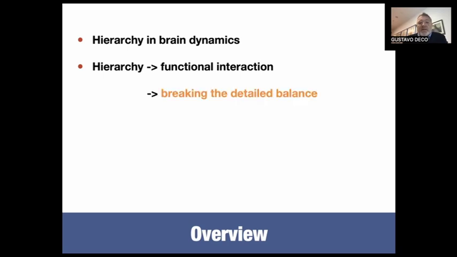Basically, what I will try to transmit today in this lecture is that we can assess the hierarchy indirectly, as an observation of how the detailed balance between those functional interactions is broken.